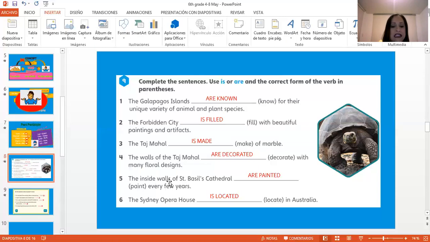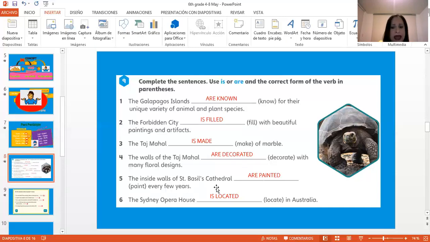In this case, plural, my auxiliary is plural. My verb in parentheses is paint. The past participle of paint is painted. So we have auxiliary in plural, verb in the past participle, and then every few years. The inside walls of St. Basil's Cathedral are painted every few years.